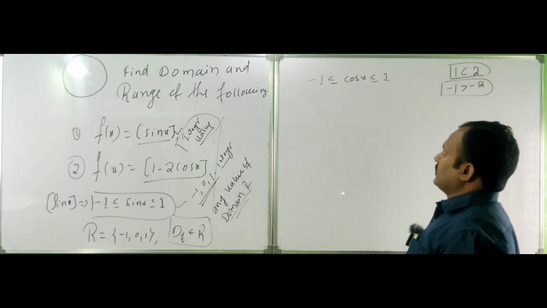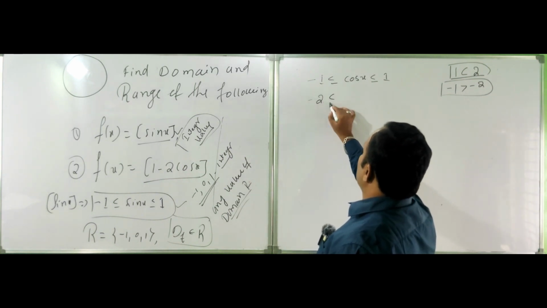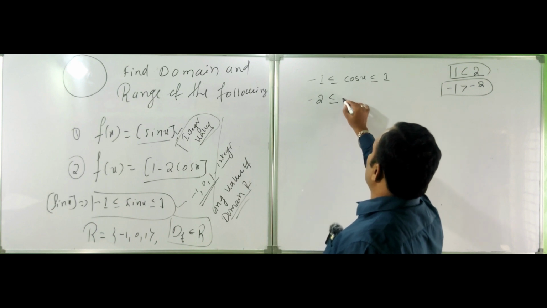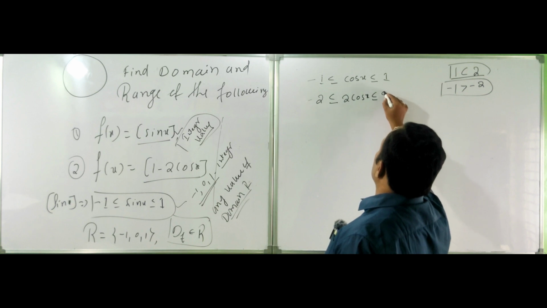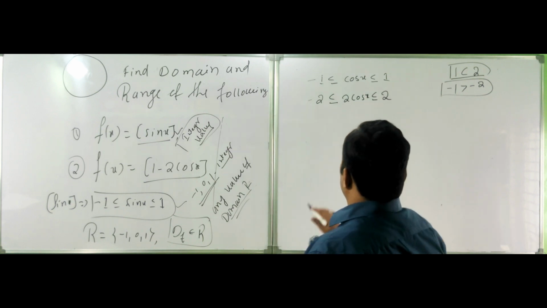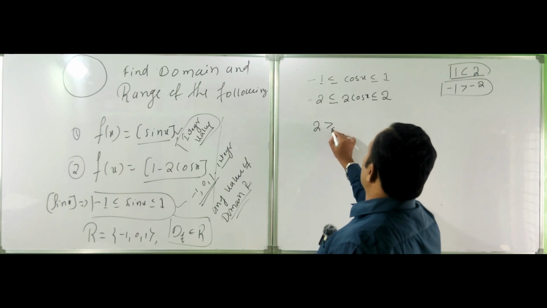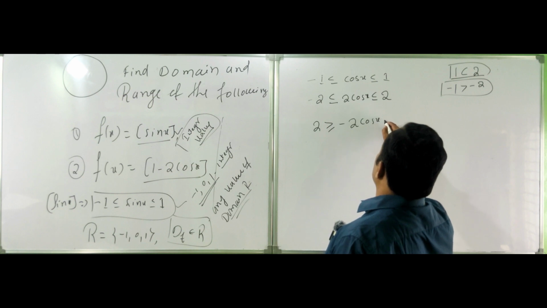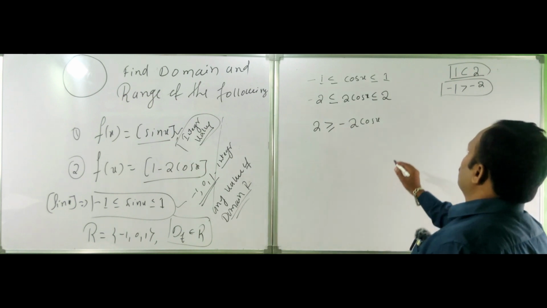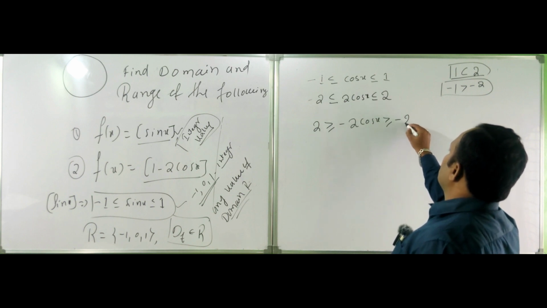Apply the change. Then minus 2 is less than or equal to 2 cos x, multiplying by minus 1. So this becomes minus 2 greater than or equal to minus 2 cos x, which is greater than or equal to minus 2.